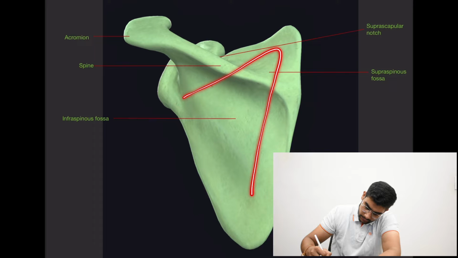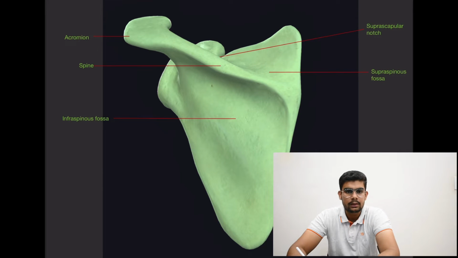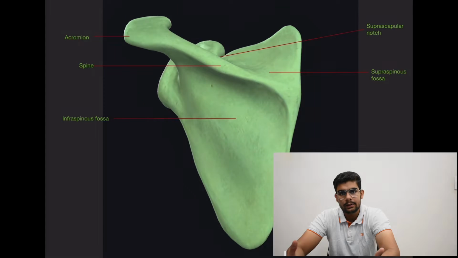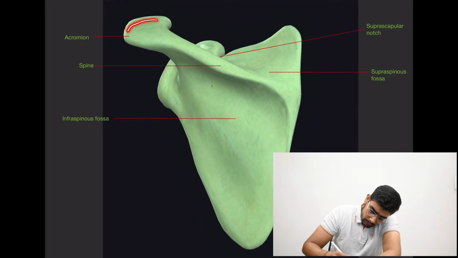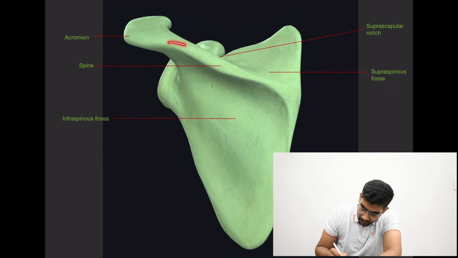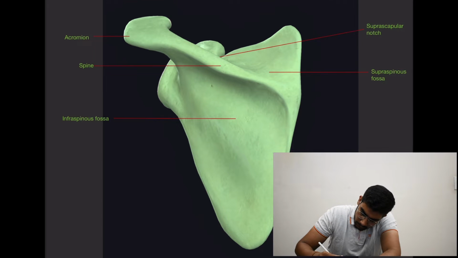This is the posterior surface. It is filled with structures while the anterior surface is fairly plain. The posterior surface faces the skin of the back while the anterior surface faces the ribs. The posterior surface has various structures like acromion, spine, suprascapular notch.